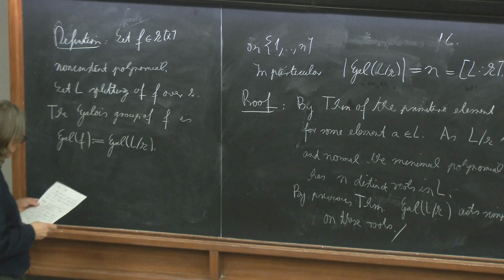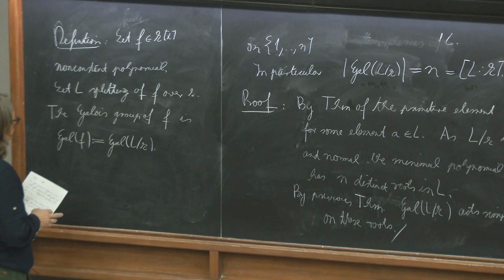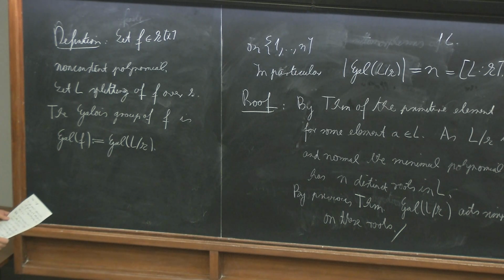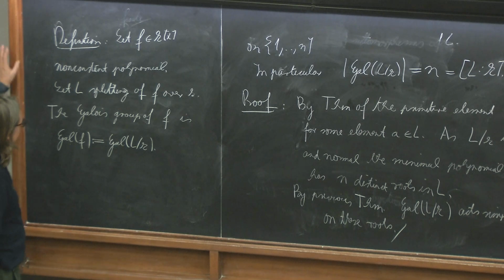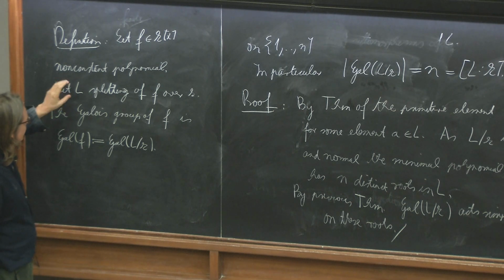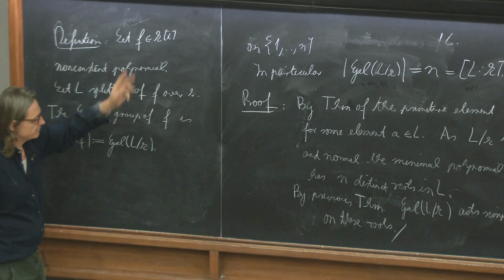Because if the fields are isomorphic, their corresponding automorphism groups are also isomorphic as groups. And we can, after all, according to the story, see this as a subgroup of the permutations of the zeros of f.